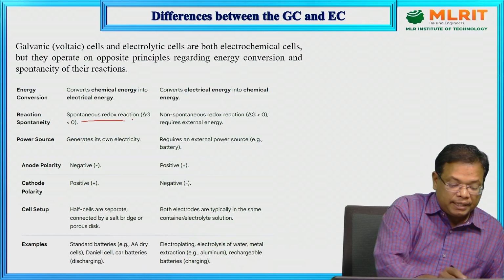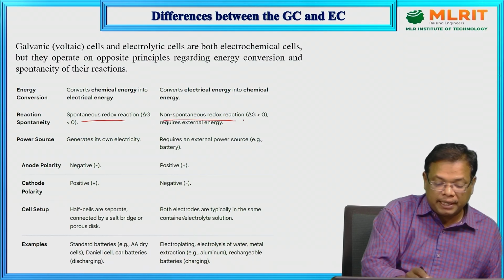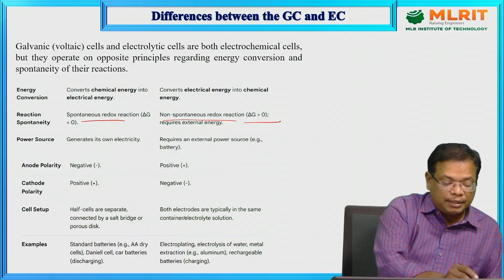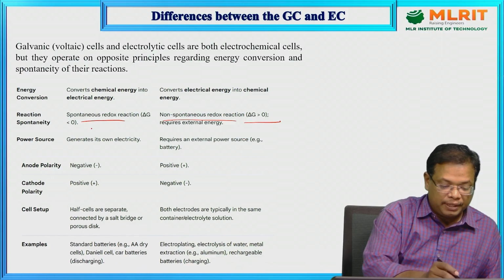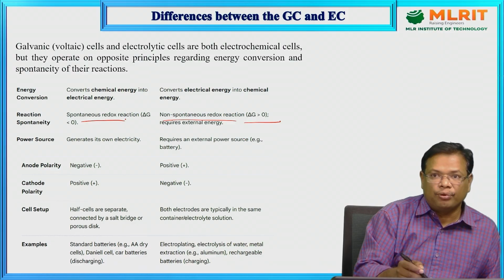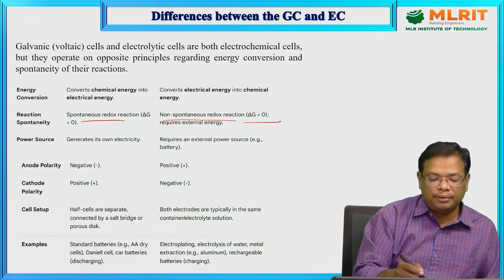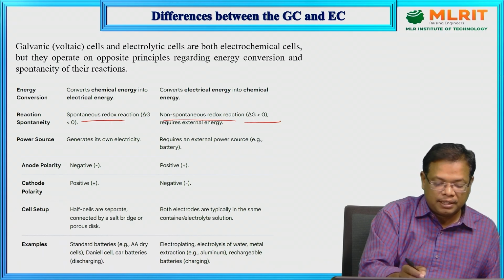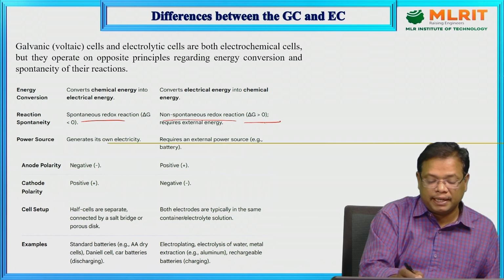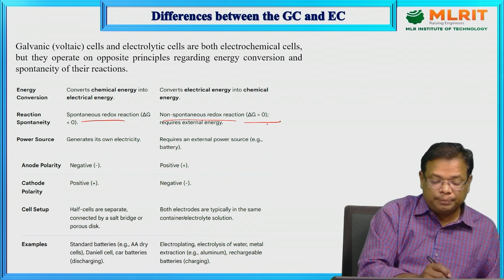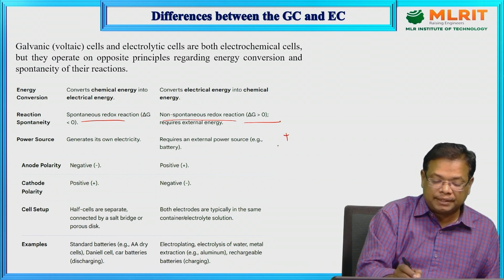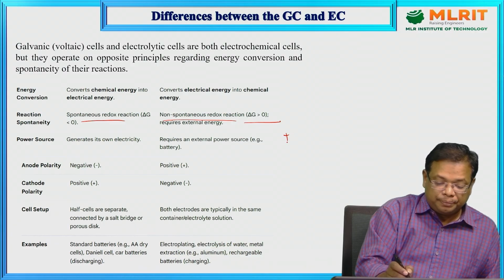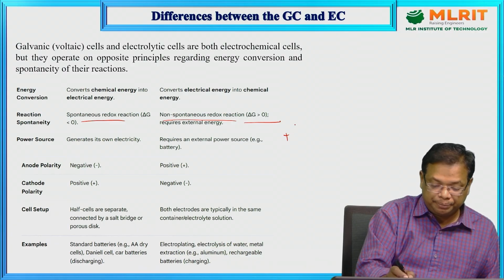What is a spontaneous redox reaction? What is a non-spontaneous redox reaction? In spontaneous redox reactions, we don't need any extra force to drive the chemical reaction into electricity. Whereas in non-spontaneous redox reactions, delta G is greater than 0, that is, positive in the Gibbs energy change.